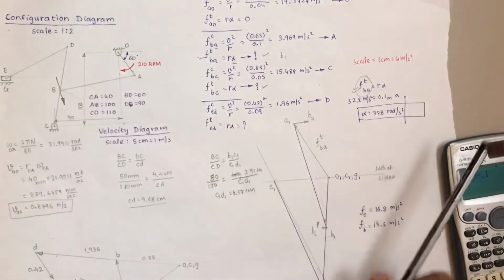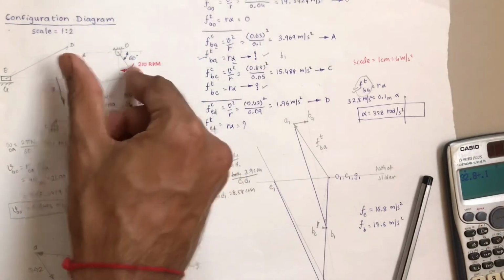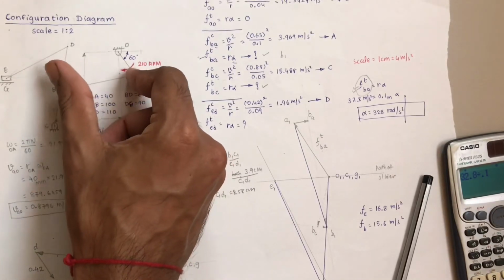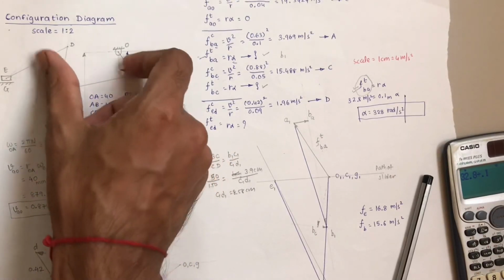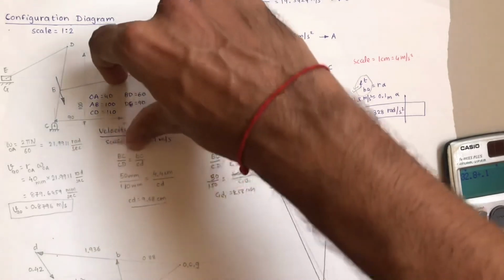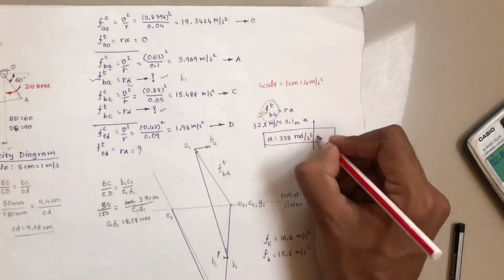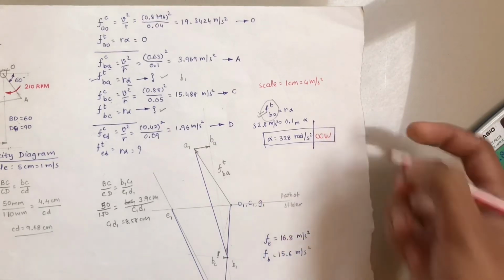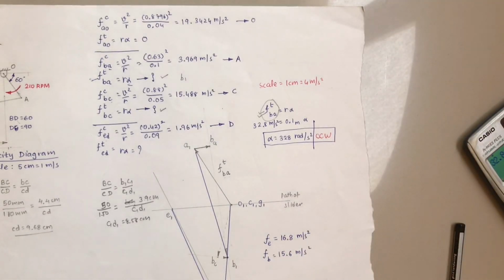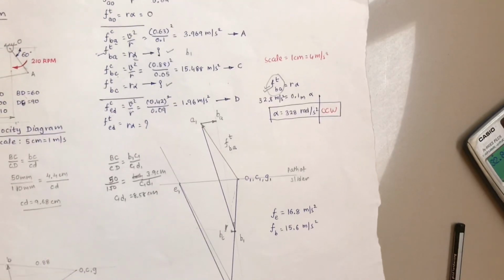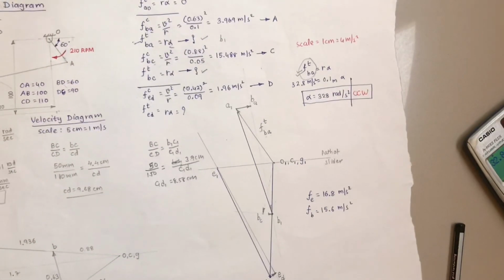A is fixed, and it rotates this, so it is anti-clockwise, or counterclockwise. So the angular acceleration of the link is counterclockwise. So here is the total acceleration diagram of the 6 link mechanism.